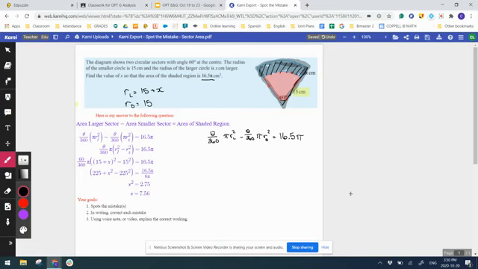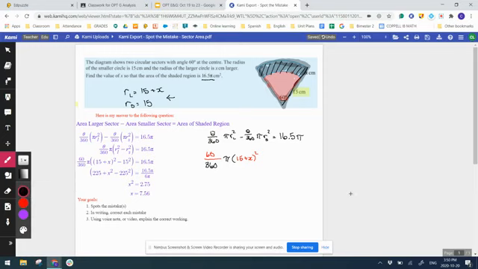So let's sub in some of the numbers we know. We know what theta is, it tells us here. And we know our two radii because we made note of them up here at the top. So when we sub in, we have 60 over 360 pi. Our radius of the larger circle squared is that 15 plus X squared.